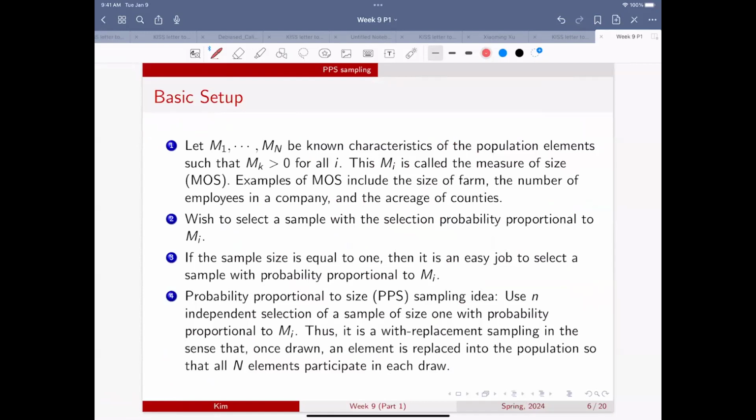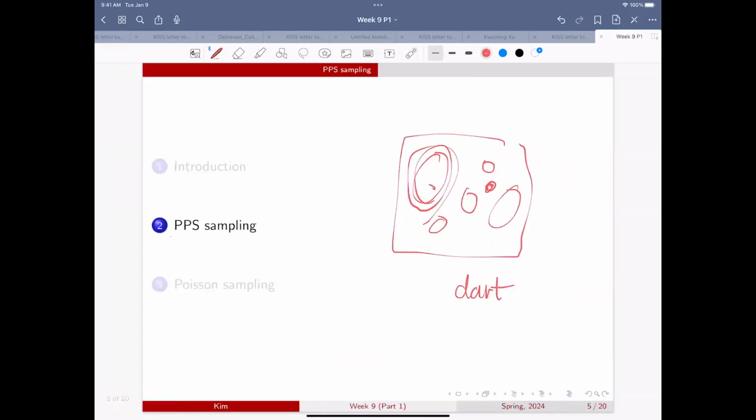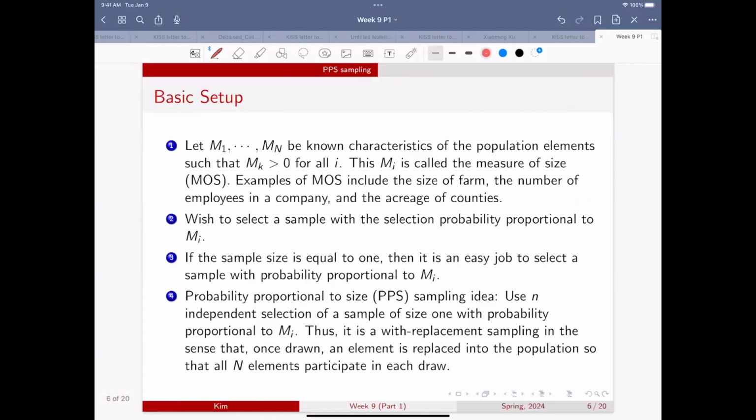Here's one really popular technique, PPS sampling. Let M1 to Mn be known characteristics of the population elements. This is a size measure, Mi, called the measure of size. Examples of measure of size include the size of a farm, the number of employees in a company, and the acreage of counties.